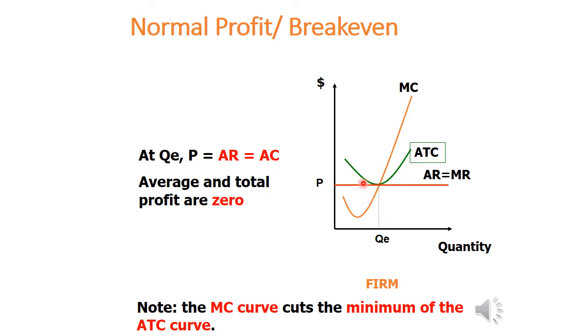Your demand curve is also your AR, which is your average revenue, and your MR. Now, at your profit maximization point, which is MR equals MC here, which gives rise to your P and your Qe, your average total cost is also there. Because your price, your average revenue, and your average total cost are all equal, your profit is zero, which means you break even.